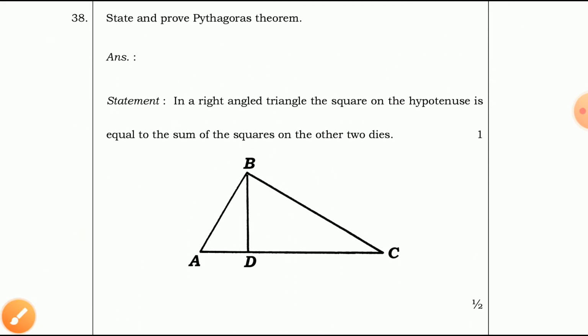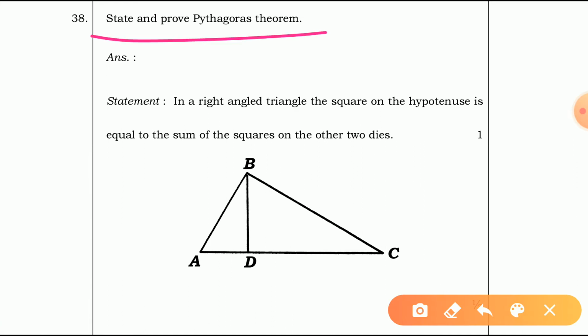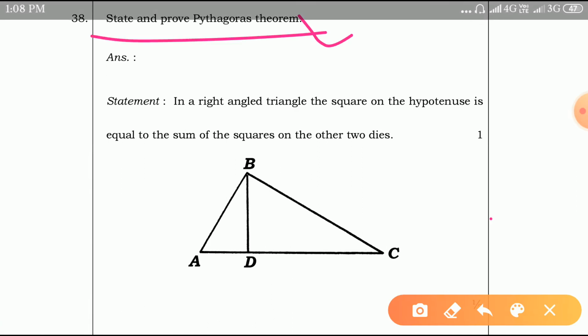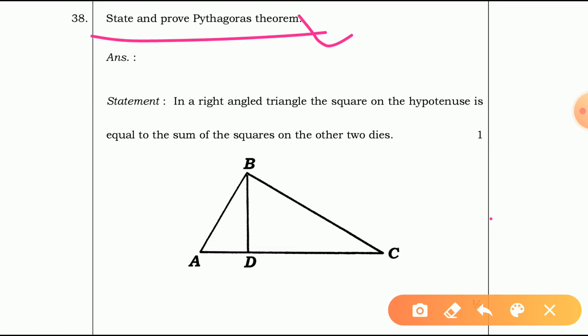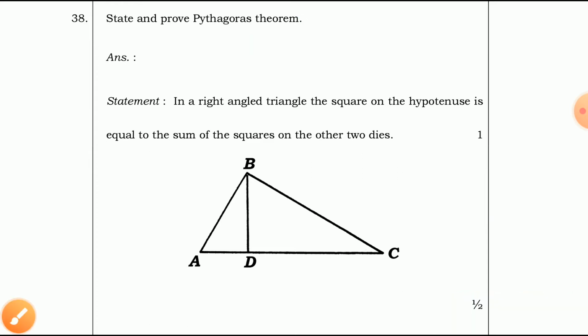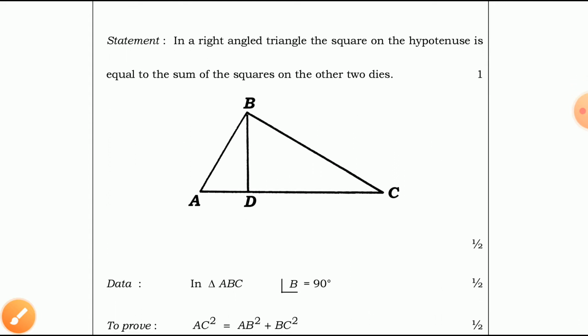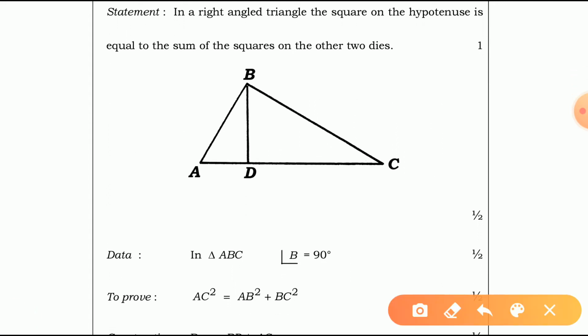Okay, here this is a standard result. We know how to prove this result. State and prove the Pythagoras theorem. This is question 38. Here we write the statement of this theorem, we award 1 mark.